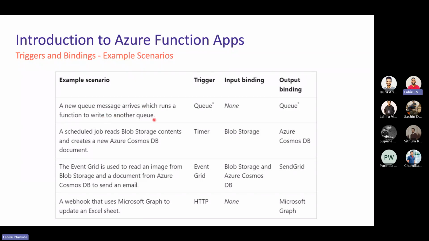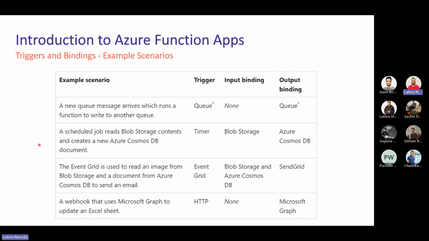Here, the function is triggered by this queue message, so the trigger would be a queue, and there will not be any input bindings. But from this function, we write to another queue, so the output binding would again be a queue. Here, the queues could be a Service Bus queue or a storage queue. Anyway, the trigger would be a queue, and the output binding would also be a queue.